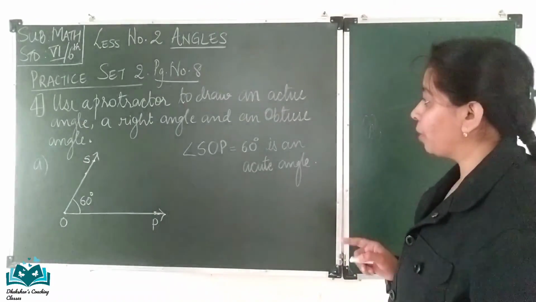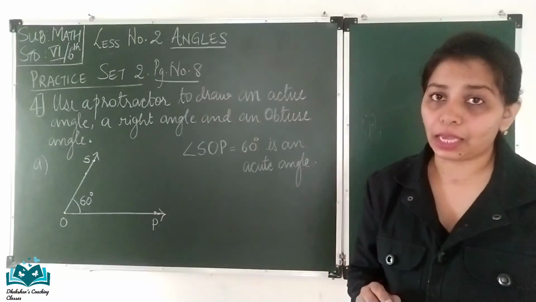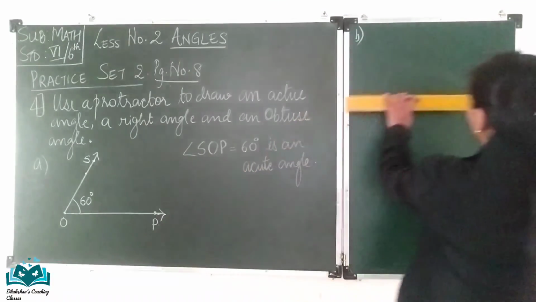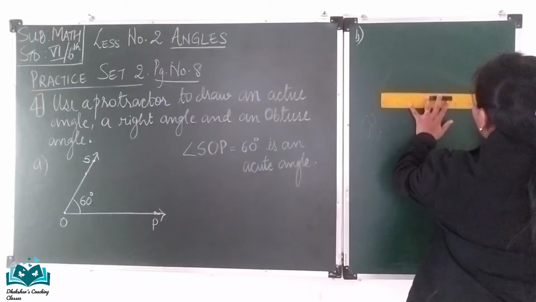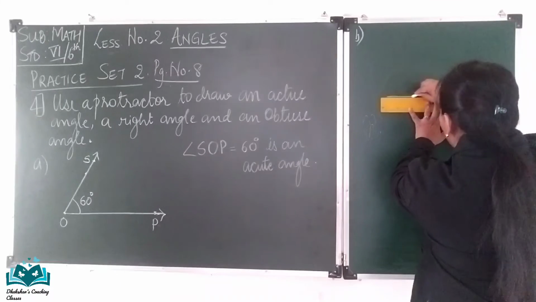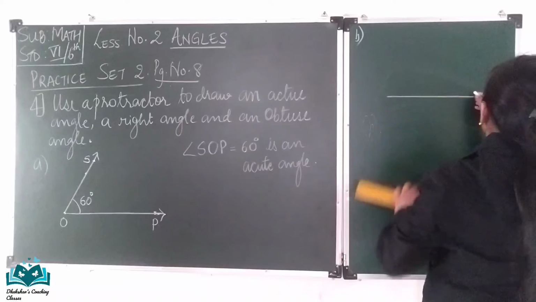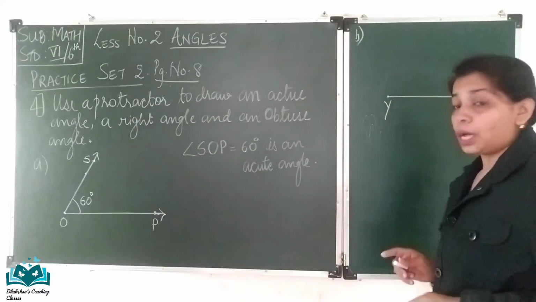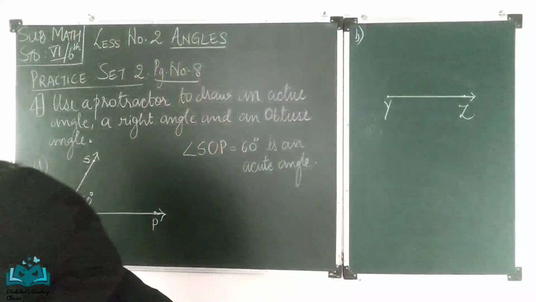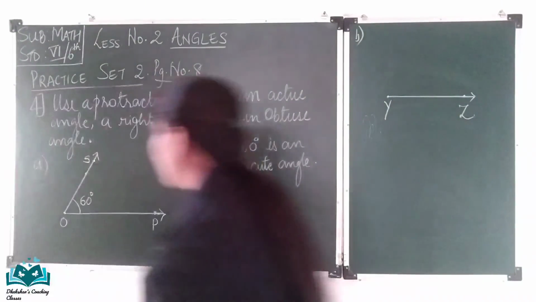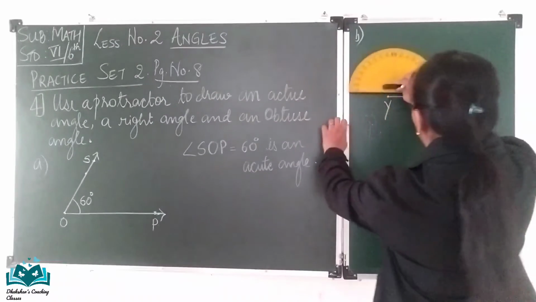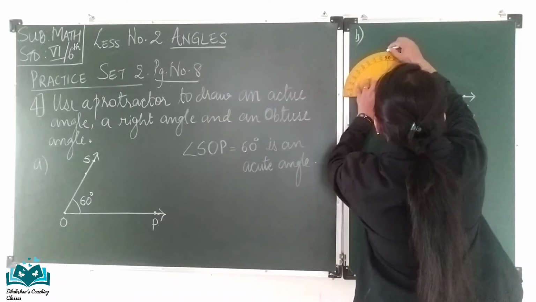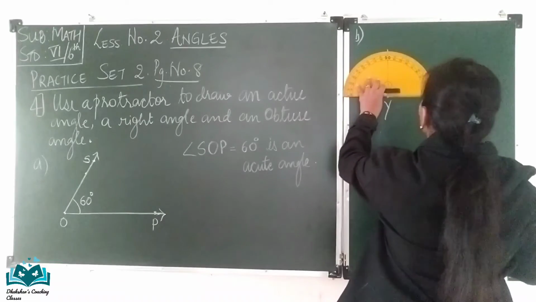Now we move on to the next one, that is your right angle. Now figure B, right angle. First I draw a straight line with the help of a scale, YZ. Now here I keep the protractor on point Y, mark 90-degree angle.